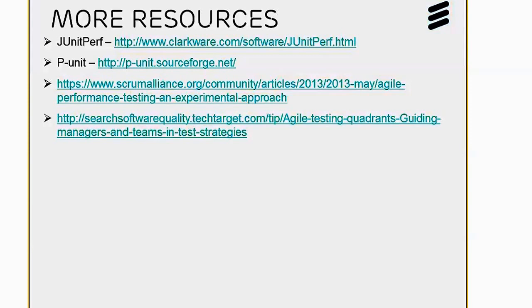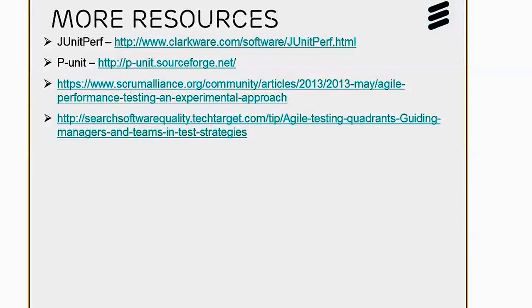Most of you must have used JUnit. If not, JUnit is a very important, easy and affordable way to do the unit testing, which is done by the developers. But if you want to know more about these unit testing performance frameworks, the links are provided here.